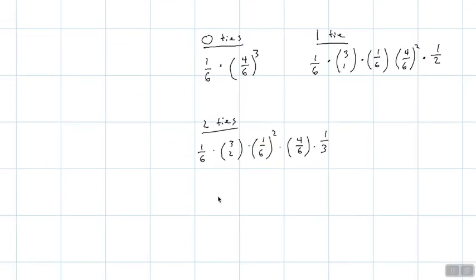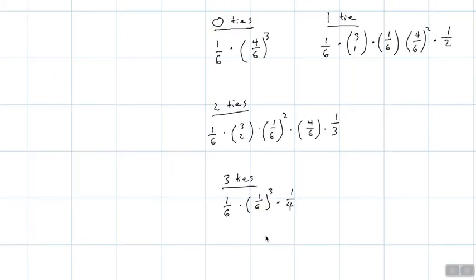So lastly, if there are 3 ties. In this case, Hugo has a 1/6 probability, and then all 3 people are going to roll a 5, so the probability of that is going to be 1/6 to the 3rd. And then Hugo has a 1/4 probability of winning against those 3 people in the second round, or in further rounds.